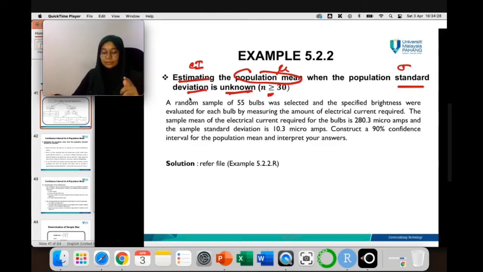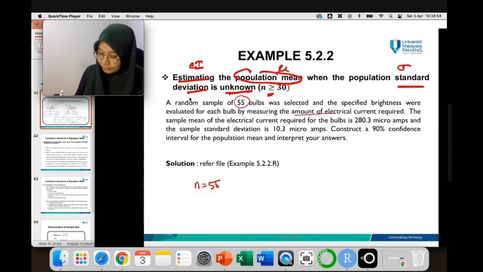So, read the question. A random sample of 55 bulbs. So n is equal to 55. Was selected and the specified brightness was evaluated for each bulb by measuring the amount of electrical current required. So they are talking about brightness. What did they measure? The amount of electrical current.